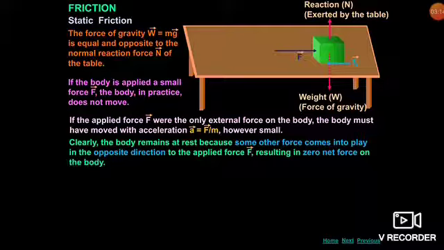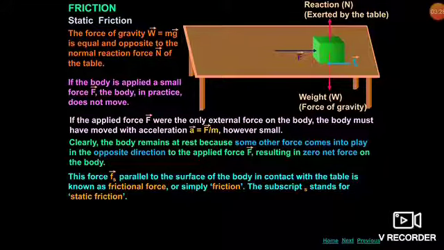Clearly the body remains at rest because some other force comes into play in the opposite direction to the applied force, resulting in zero net force on the body. This force Fs, parallel to the surface of contact with the table, is known as frictional force or simply friction. The subscript s stands for static friction.